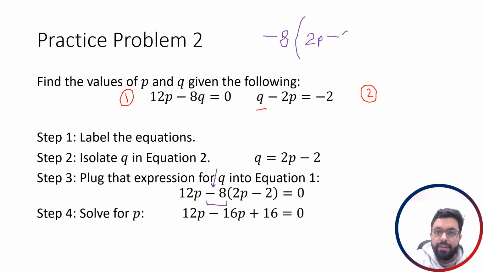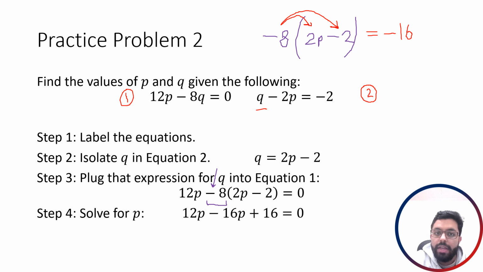And if I do that, then when I do the distributive property, I'm going to take -8 and multiply it by 2p. So -8 times 2 is -16. And then -8 times -2 is going to be positive 16.